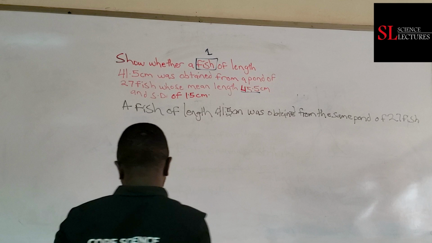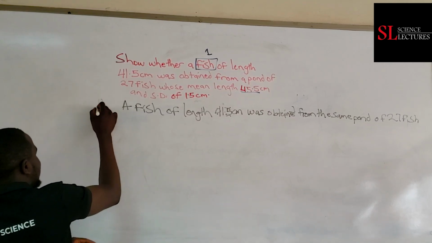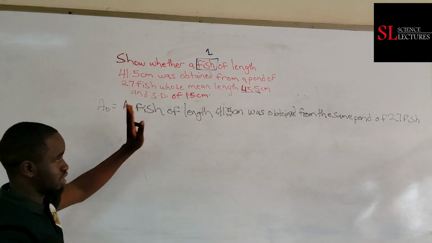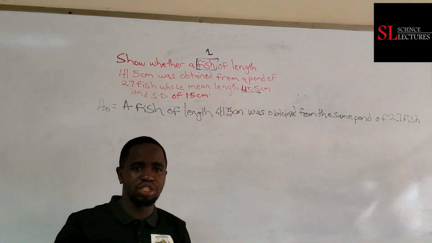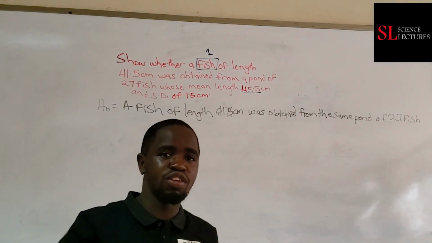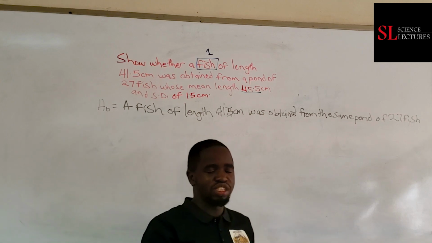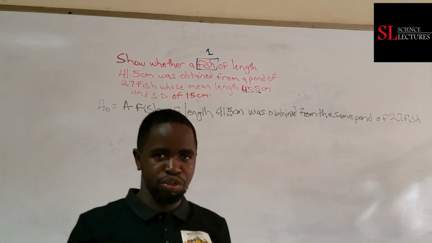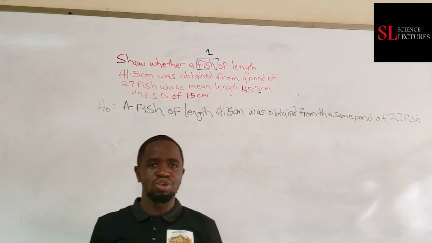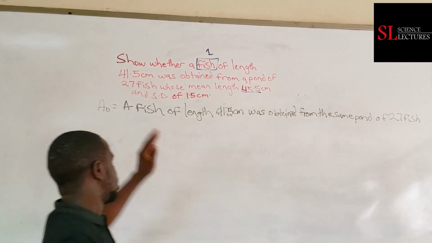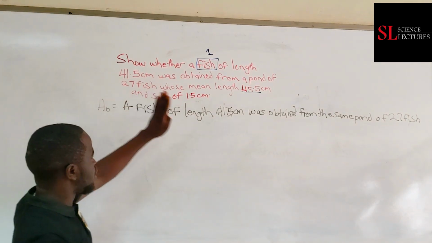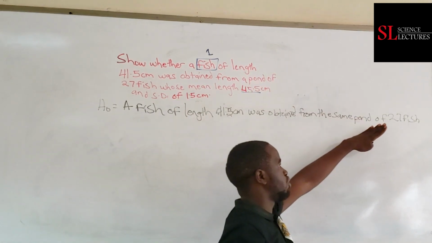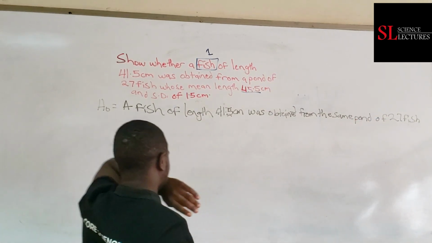And very important here, we should state our null hypothesis by writing H of. So our null hypothesis, what you're supposed to first write before you run any test. Even when you're doing research, the first thing you're supposed to always formulate or write is the null hypothesis, because it is the reason why you run the test. So our null hypothesis is a fish of length 41.5 centimeters was obtained from the same pond of 27 fish.